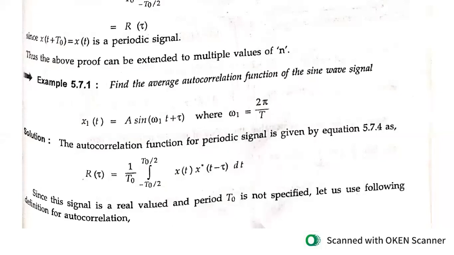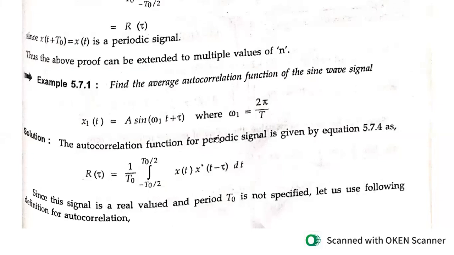The autocorrelation function is not a function of time; it is independent of time. That is the concept of wide sense stationary. Here it is not a random process. Here we are considering signals. That's why that word is not necessary here, whether it is wide sense stationary or not.